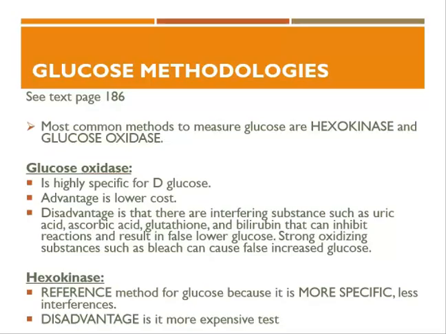Strong oxidizing substances such as bleach can cause a false increase in the glucose. But hexokinase is the reference method for glucose because it's more specific. But the disadvantage is this test is more expensive.